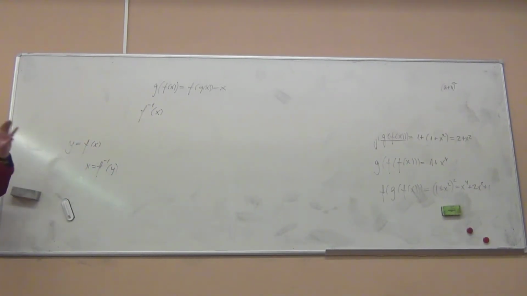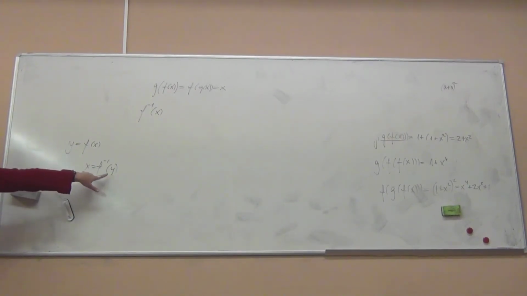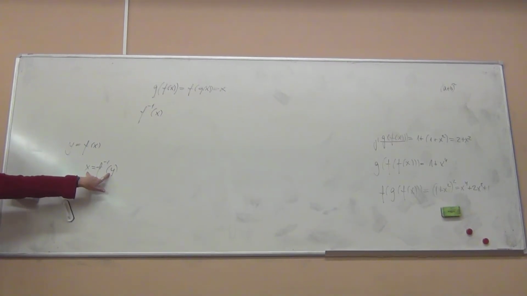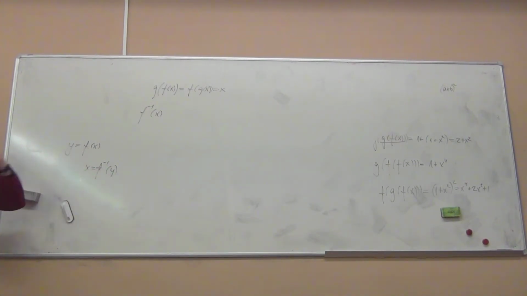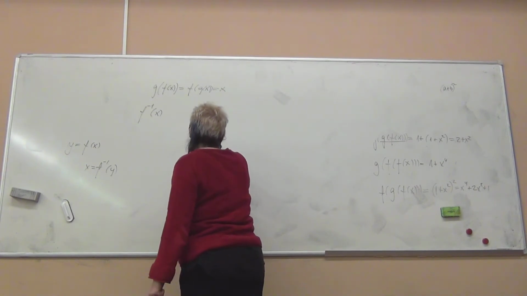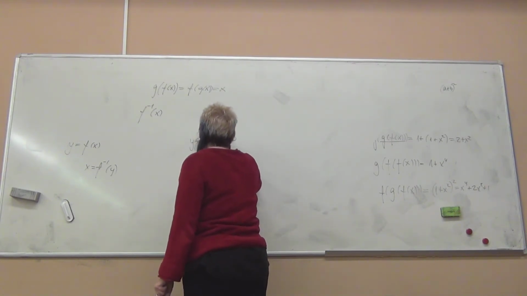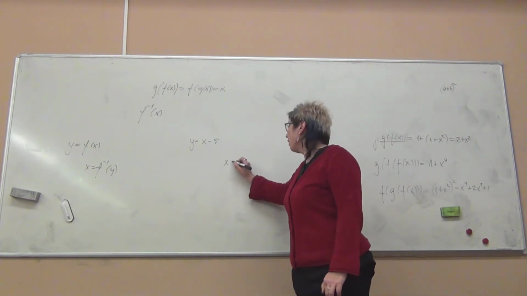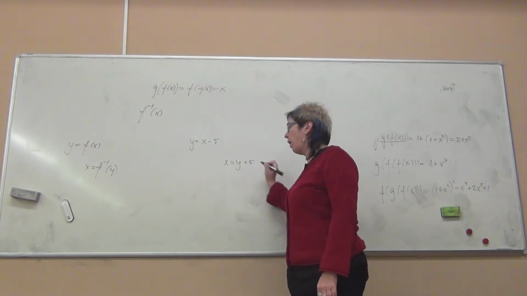To make it into the inverse function really, we also need to exchange the names of the variables. Because if I write it like this, it's the same relation. Example, y equals x minus 5. To express x from this, x equals y plus 5.